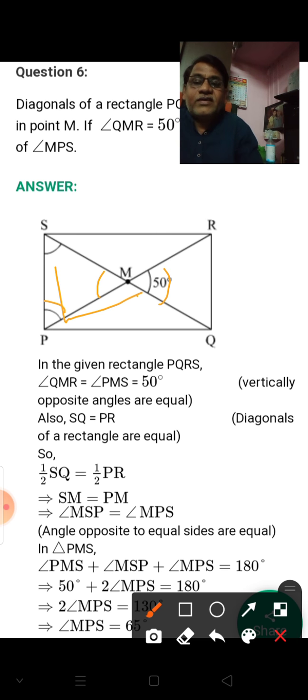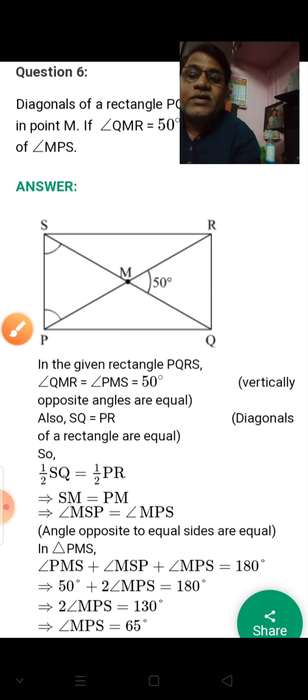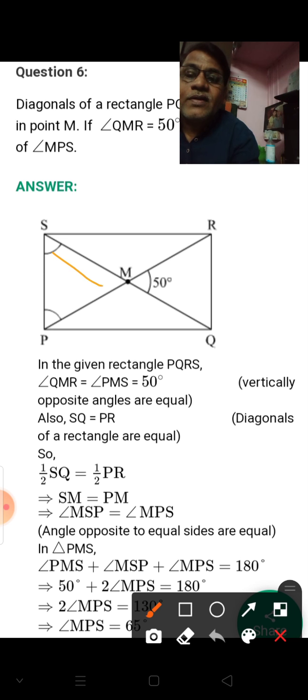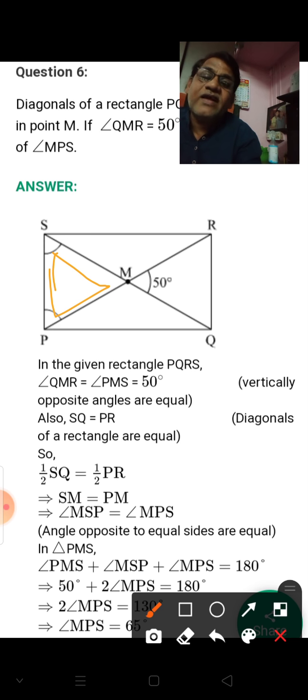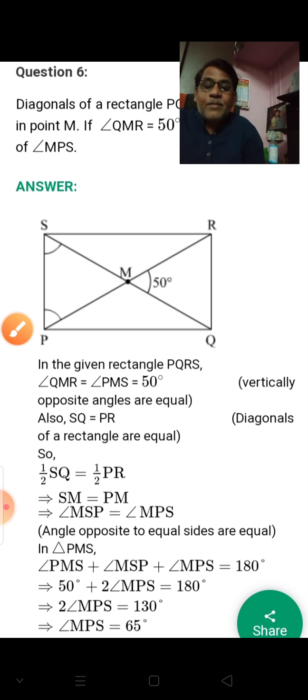Now see this triangle. In this triangle, SM is equal to PM. It means it is an isosceles triangle, and this angle is 50. The remaining two angles are (180 minus 50) upon 2. Right? So now see here, angle PMS plus angle MSP plus angle MPS is equal to 180.